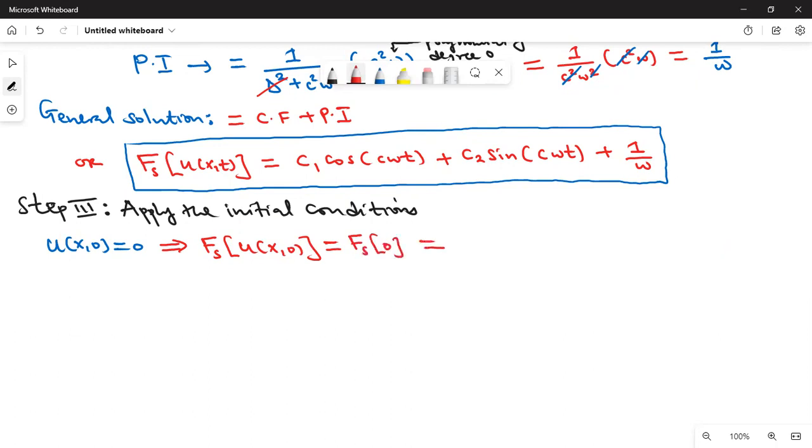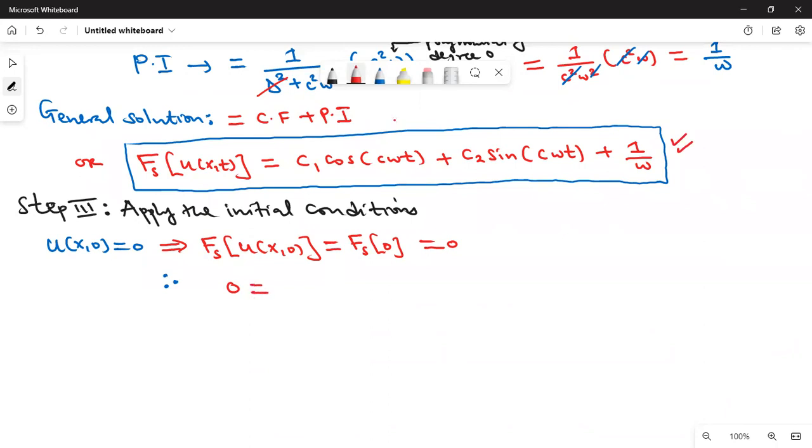And that will give you 0. So on the left-hand side, I'll write 0. And when I put t equals 0 on the right-hand side, we are substituting here, putting t equals 0 in that equation to get the solution to be 0.